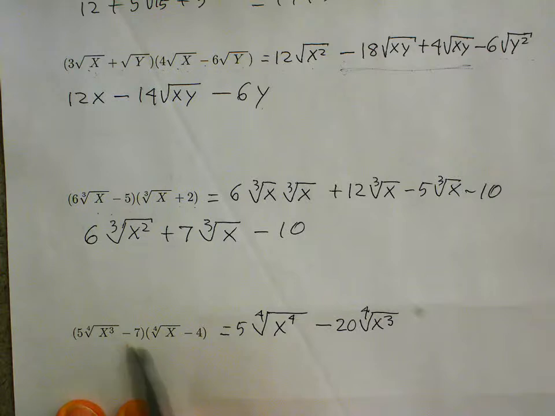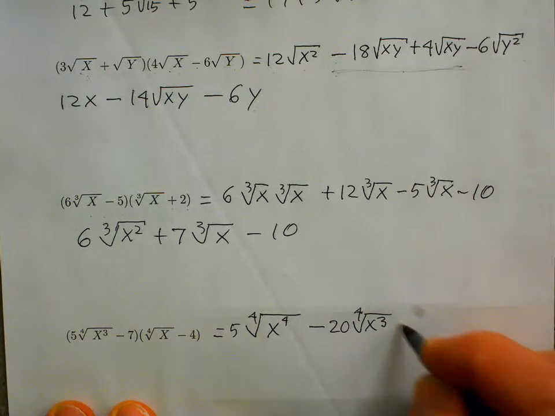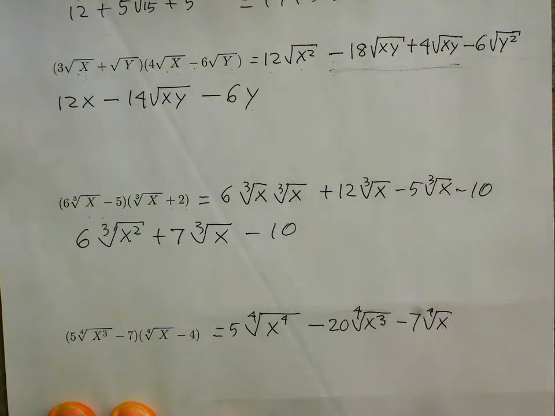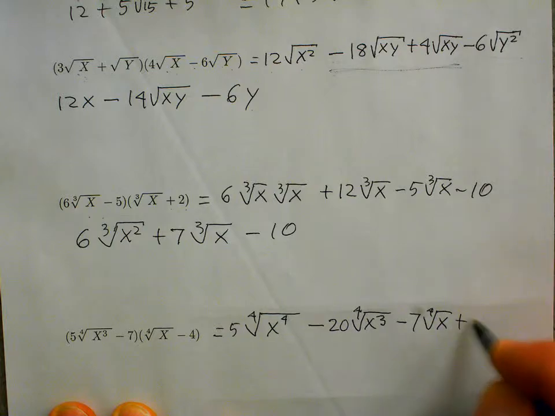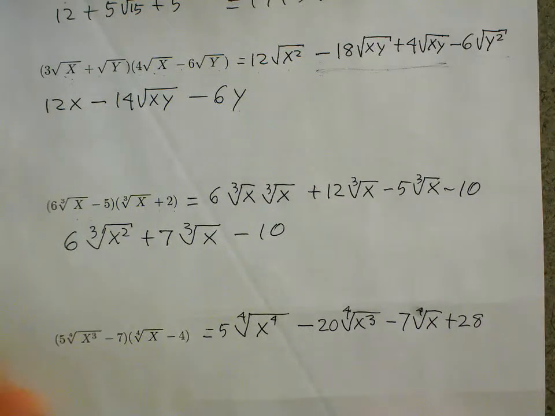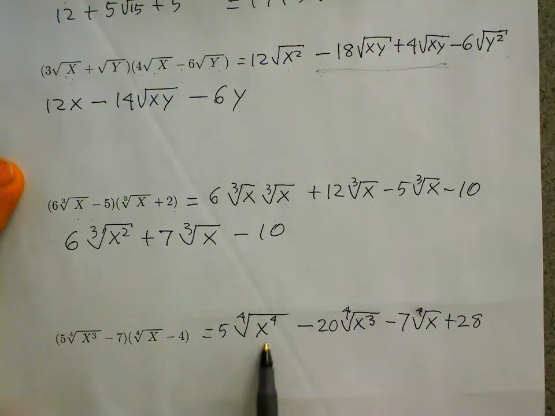Then we have minus 7 times the fourth root of x, minus 7 times the fourth root of x. And then lastly, negative 7 times negative 4 is positive 28. So there's only one thing left to simplify, and that's the fourth root of x to the fourth, which is x. So we get 5x.